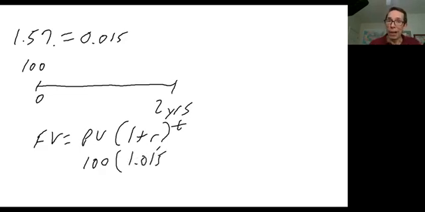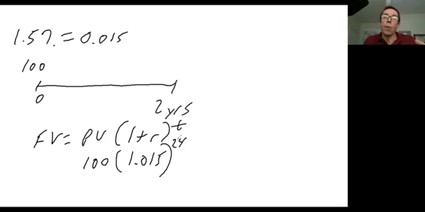That's 1 plus 1.5%, raised to the t. Now, t has got to be the number of months. It's the number of compounding periods, right? So we cannot have a monthly interest rate with the number of years up here. That won't work. If this is a monthly rate, we've got to have the number of months. Of course, in 2 years, there are 24 months.